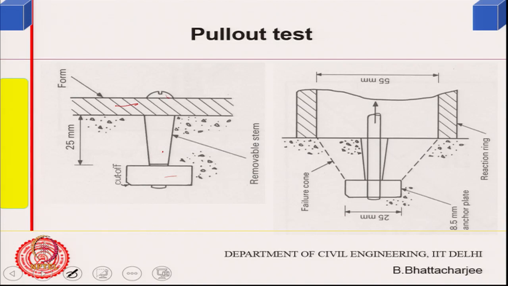So, this hole remains, and this one also remains. Then you put your pull out rod, which can get threaded here. So, you just put it and thread it, and then pull it out in the same manner as you have done. In this way you can actually determine the strength development in concrete.